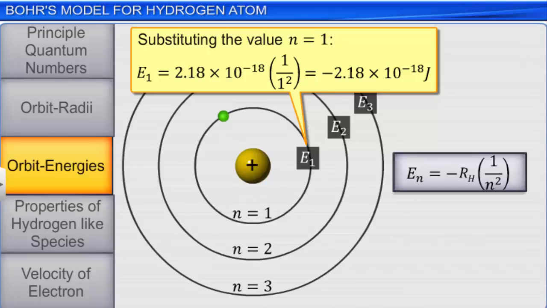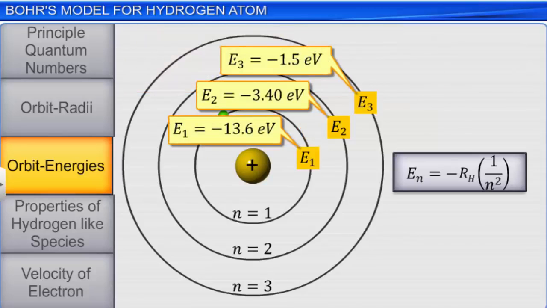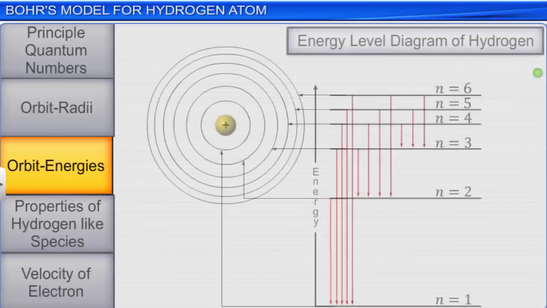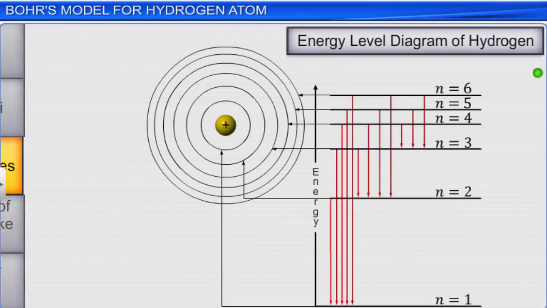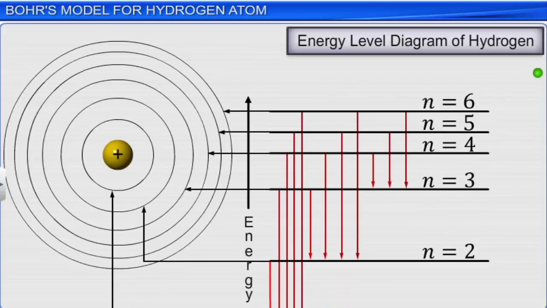The energies of excited states can be measured in the same way and represented in the form of an energy level diagram. Note that the energy of the stationary state n equal to infinity is 0. At this energy level, the electron is completely free from the influence of the nucleus.